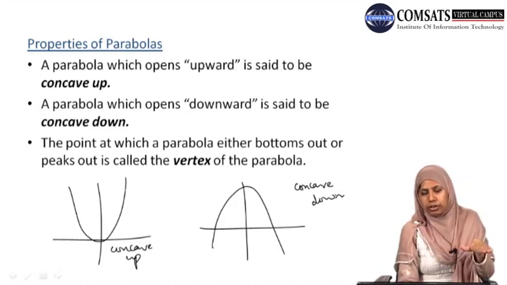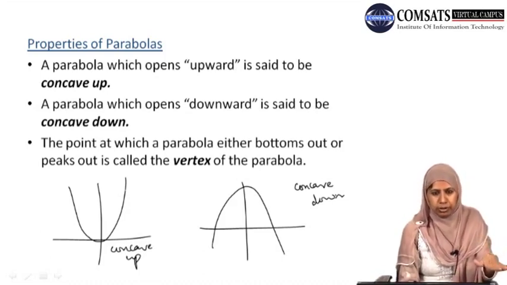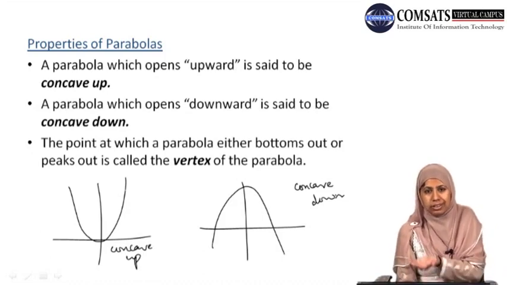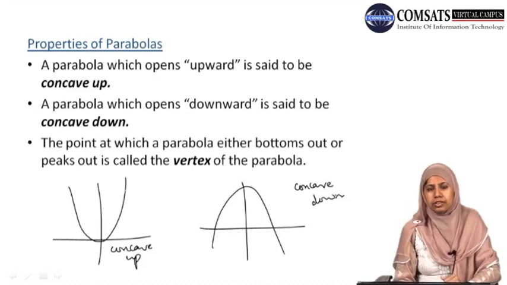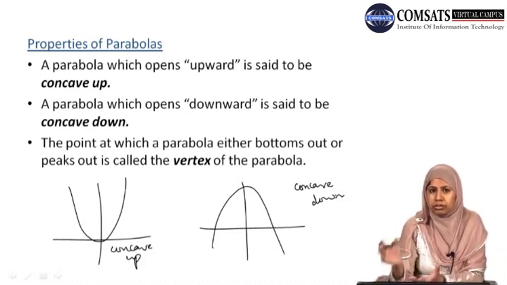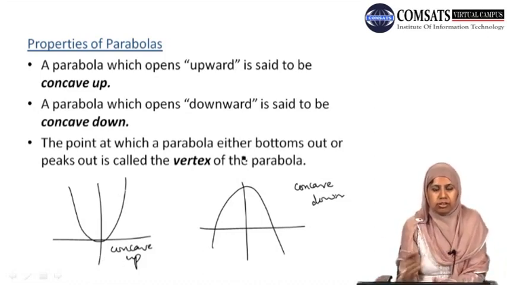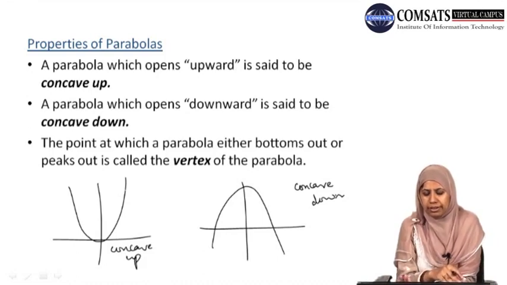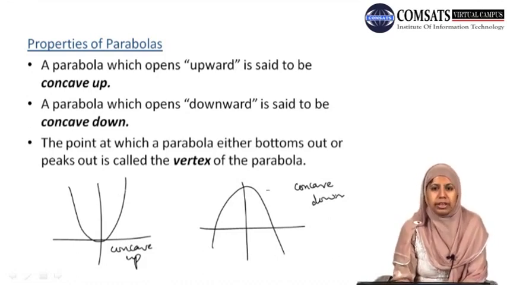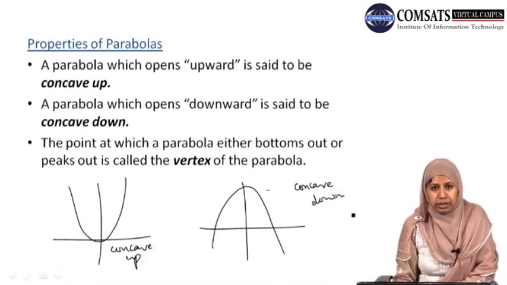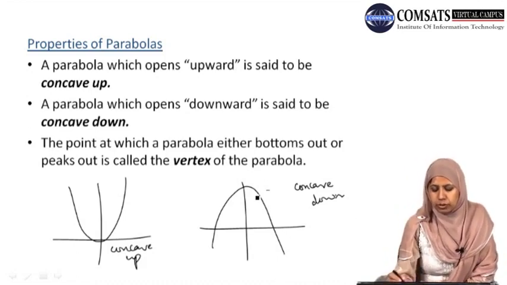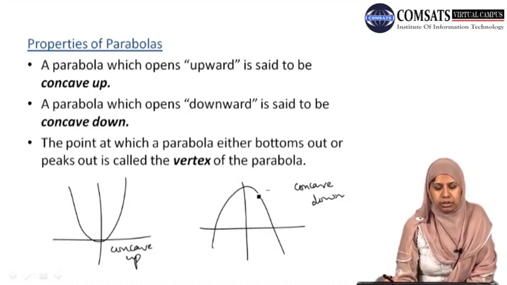That is, the top of the bowl is open and the base is slightly round. And concave down is if you put your bowl or your cup upside down, then the shape will be somewhat like this, or like a speed breaker, which is closed from the top and open from the bottom.